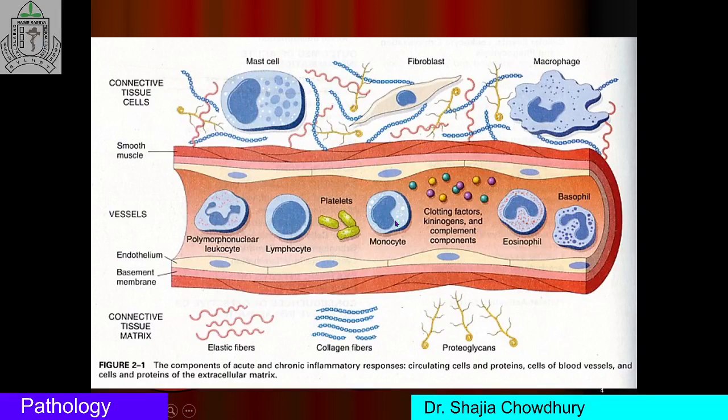Inside the circulation it is called monocyte, and when it is recruited in the extracellular space, it is called tissue macrophage. And this is the extracellular matrix, which also plays an important role in adhesion, transmigration, chemotaxis. And these are the components of inflammatory response: connective tissue, blood vessels, and most important endothelium, smooth muscles, and extracellular matrix.